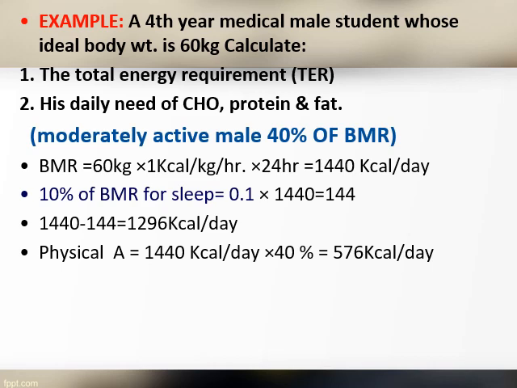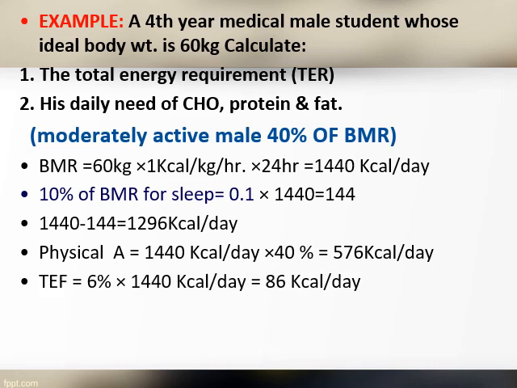Physical activity in this case is moderate, so it represents 40% of the basal metabolic rate, and it is equal to 576 kilocalorie per day. Regarding the thermic effect of food, we always choose the thermic effect of a mixed diet, which is 6%.